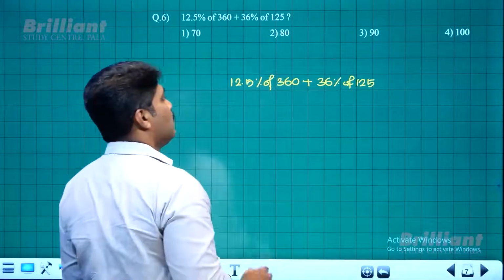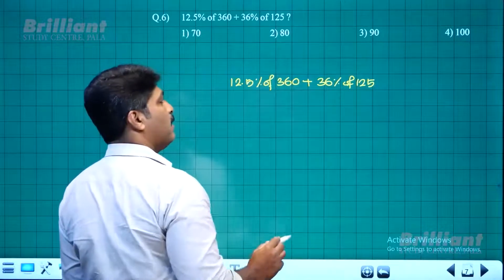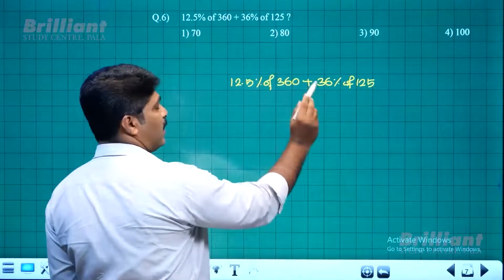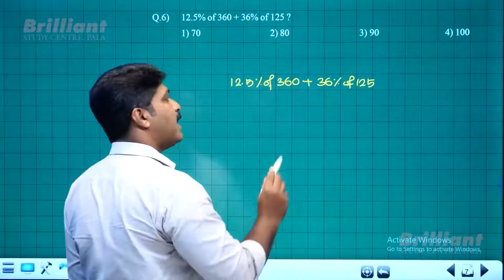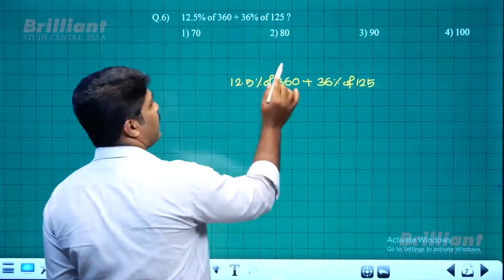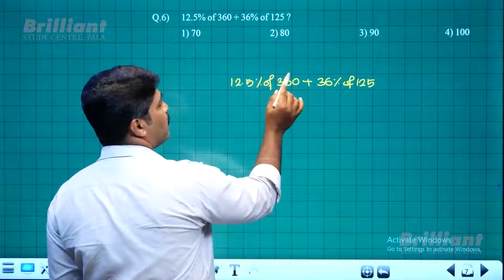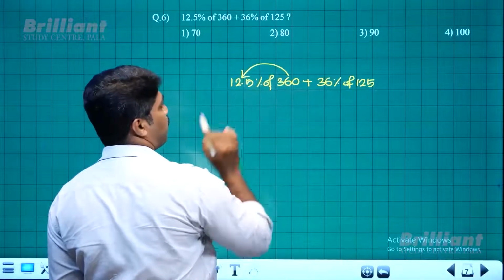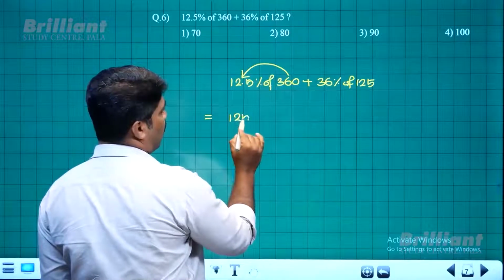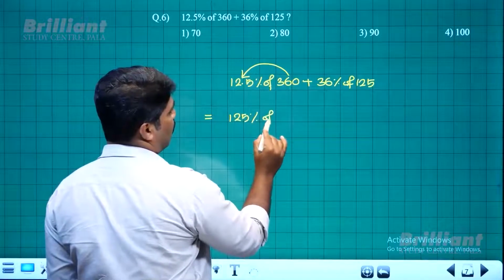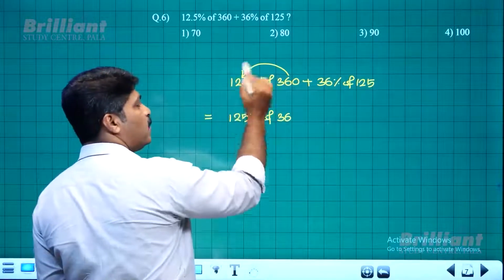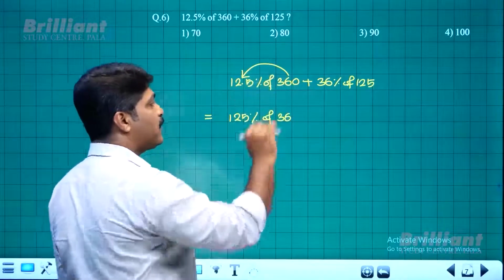Clear? So what you can do here is a kind of rearrangement. Here we can combine the values. So what is the rearrangement? Here we can give this 10 to this 12.5. So then it becomes 125% of 36. So understand, there's a rearrangement. This kind of internal sharing is possible.